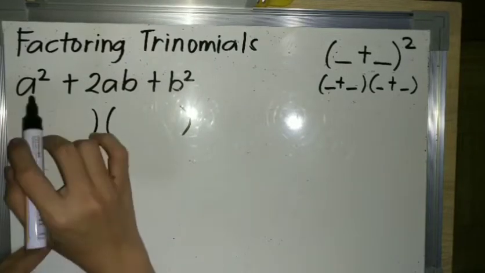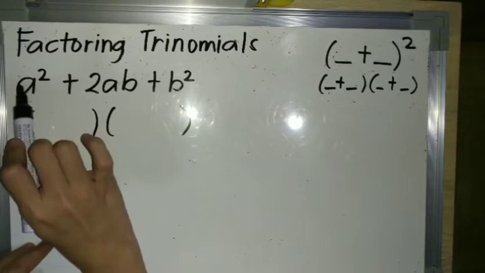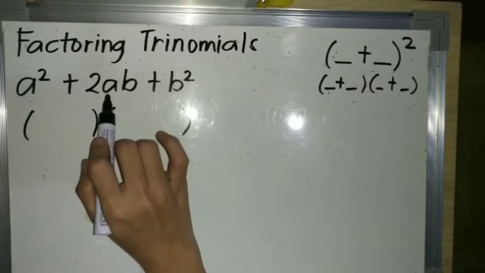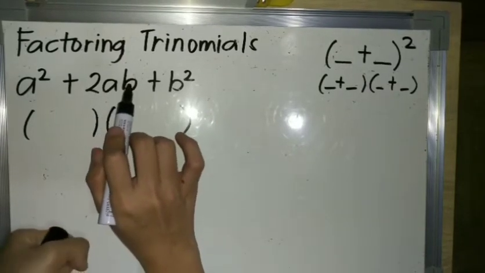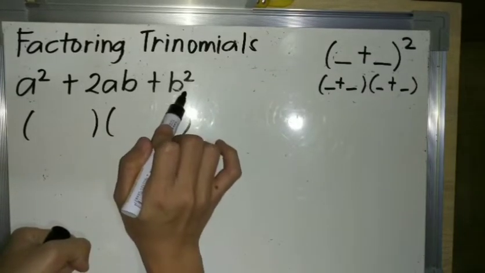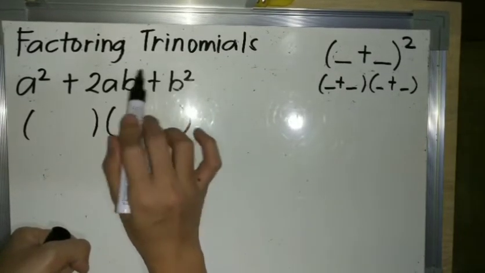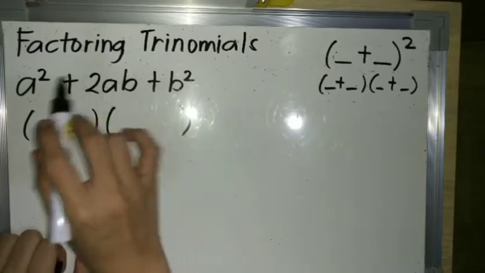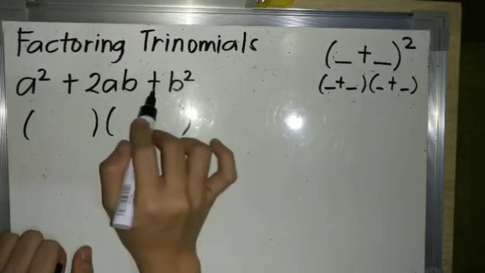Okay po? So, pag tinignan po natin, ang exponent nitong a is 2, and then the following is 1, and then wala nang a dito. Dito naman po, 2, and then 1 na b, and then wala nang b. So, with that, nakita po natin na parehas positive sila.